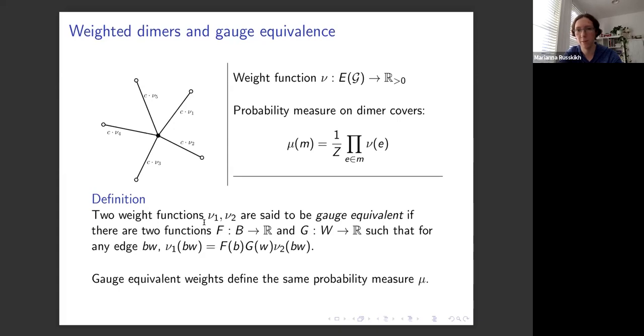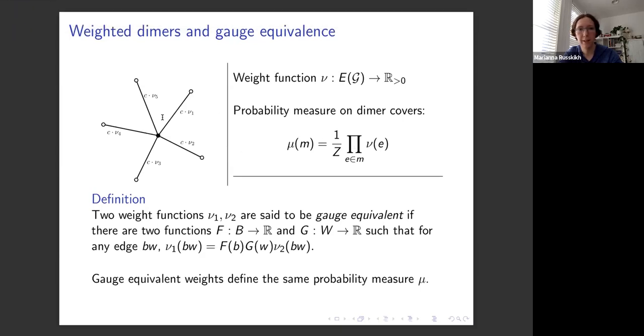So how do we define the probability measure? Given a positive weight function on edges, we define the probability measure as follows. The probability of a given configuration is proportional to the product of its edge weights.